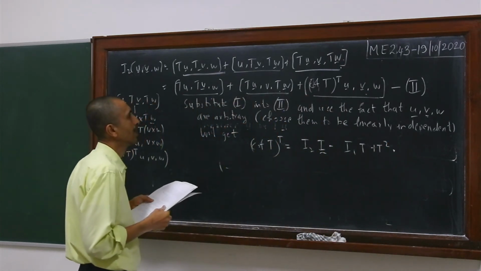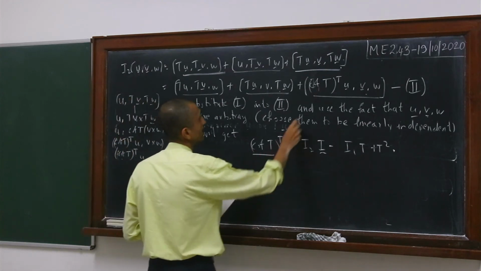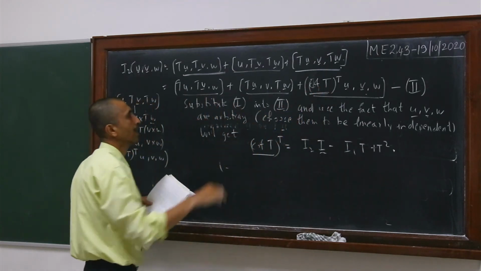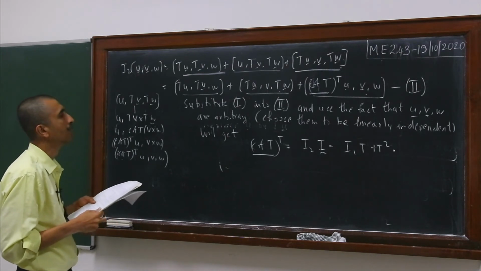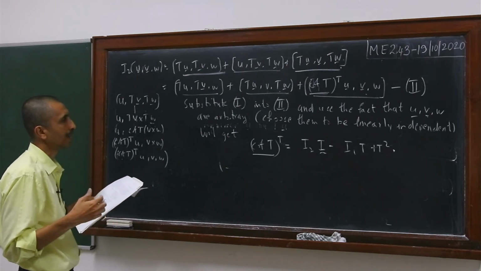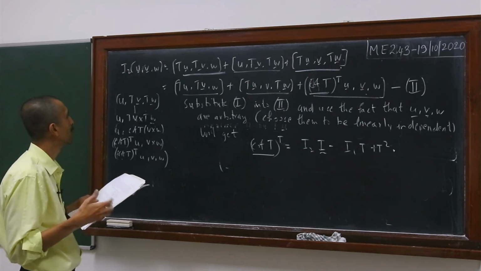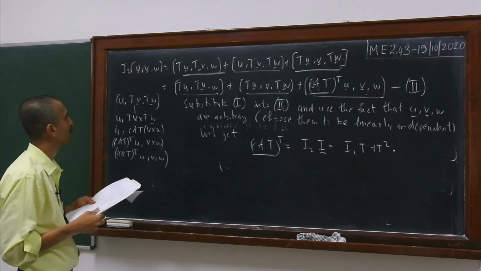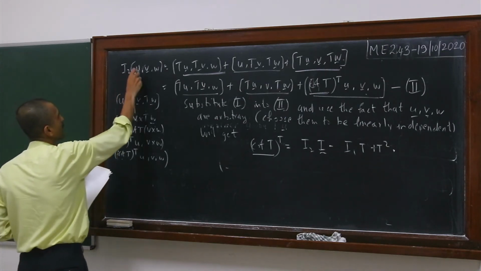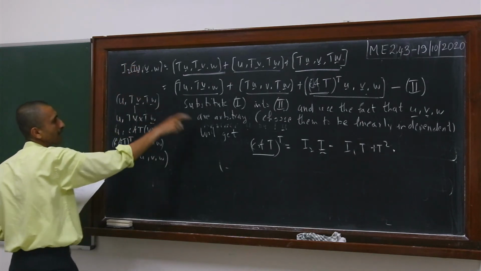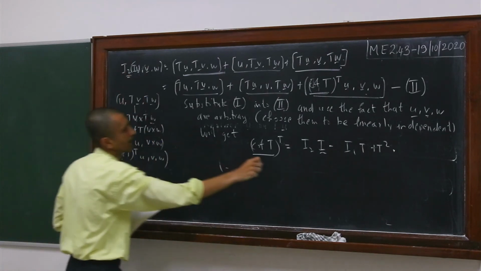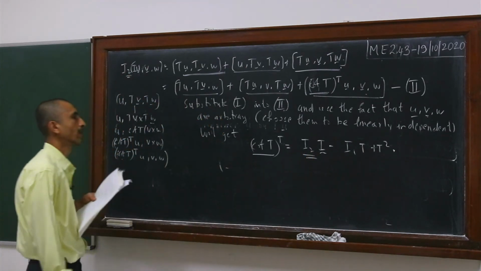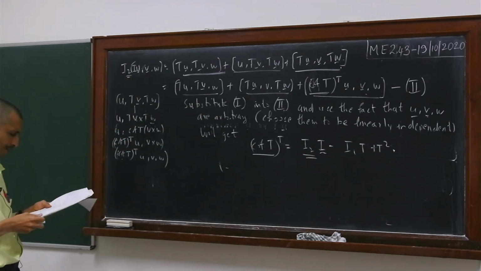This cofactor T transpose is actually coming from this one here. Again, as I said, you can use the arbitrariness of U, V, W, choose them to be linearly independent, and so on. You may need to write I times U here, and that is where I2 times I comes from. So that is this particular term here. So I think we will get that result here.